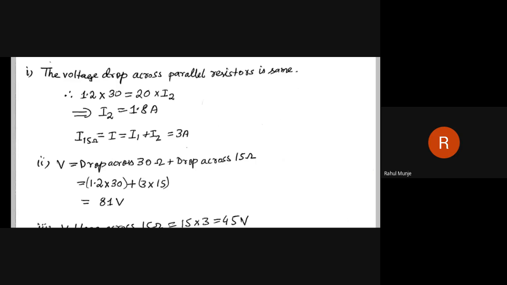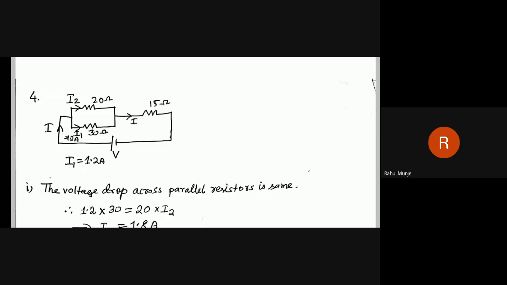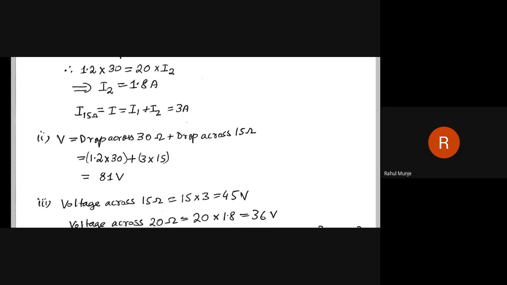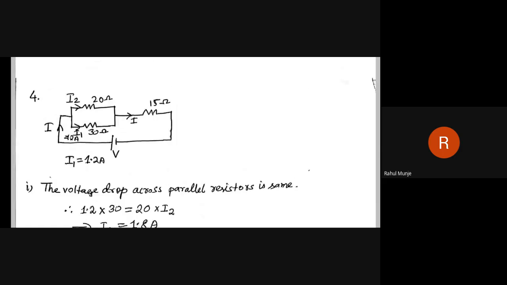Next is number 2, that is V equals voltage drop across 30 ohm plus voltage drop across 15 ohm. How to find out? 1.2 into 30, as I told you, is the voltage drop in the 30 ohm.